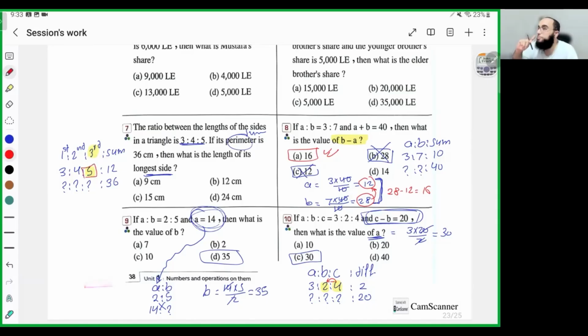Because the third has the biggest ratio. This is 3, this is 4, this is 5, this is the longest, and this is the shortest. Okay, so the longest one equals 5 times 36 over 12. That's it. You can do it. Okay.